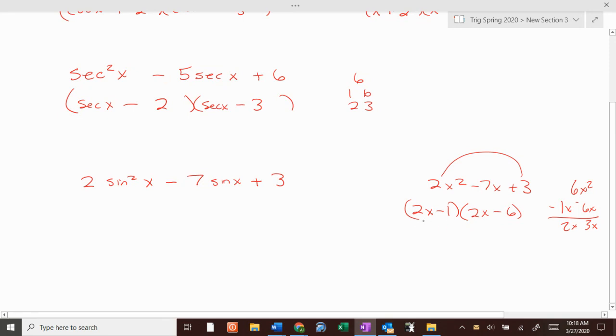And then the greatest common factor of this is 1. The greatest common factor of this is 2. So then this is 2x minus 1. And then this is x minus 3. So if you FOIL this, you get 2x squared minus 6x minus 1x, which is minus 7x plus 3. Okay? So you do the same for this.